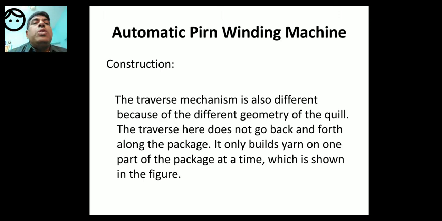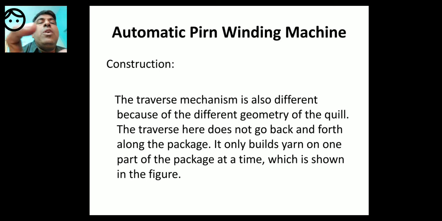So suppose 16 centimeters is the length of the pirn, and traverse happens for every 2 centimeters. That is what it means: it only builds yarn on one part of the package at a time.